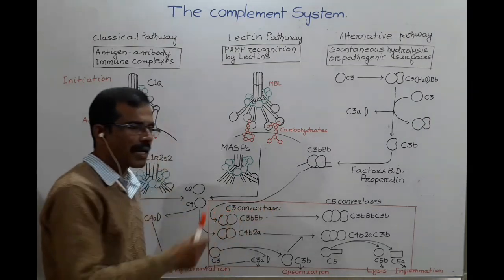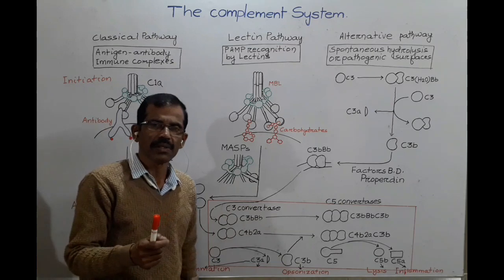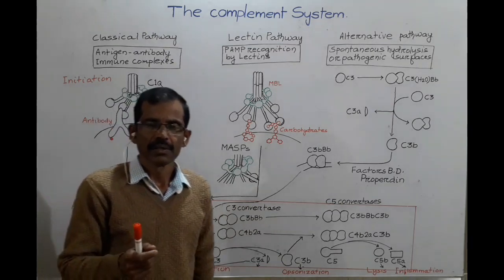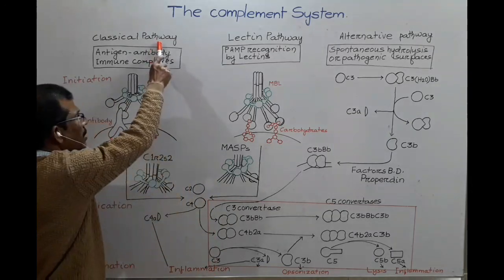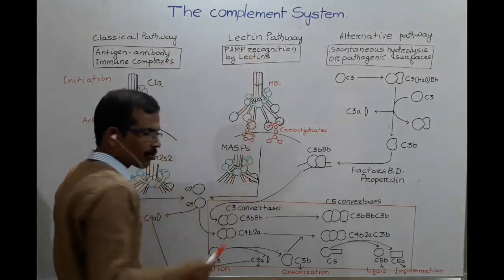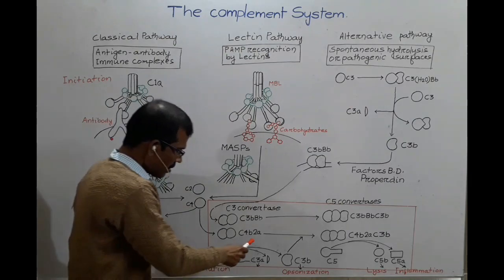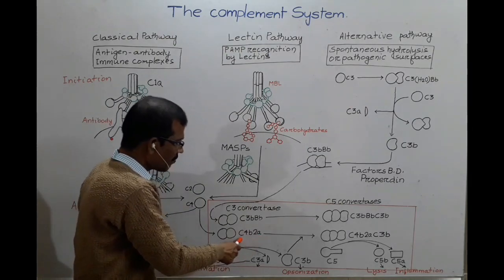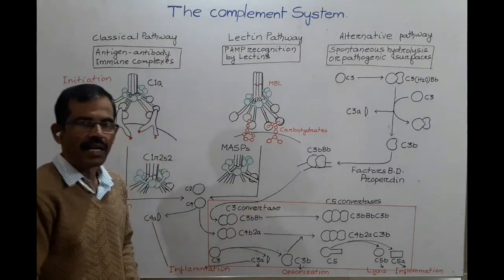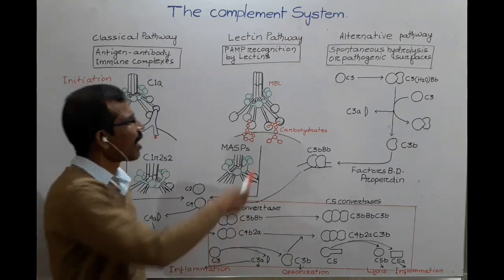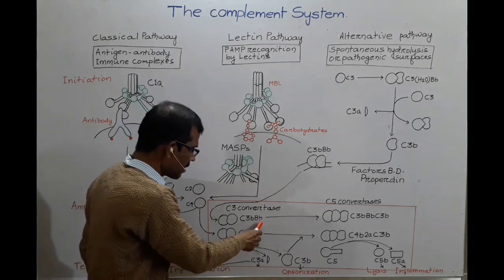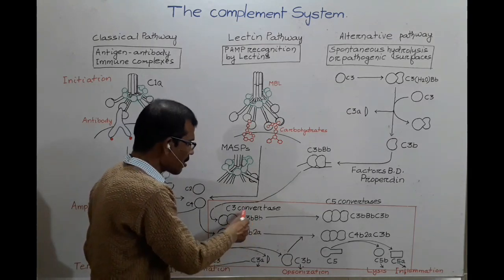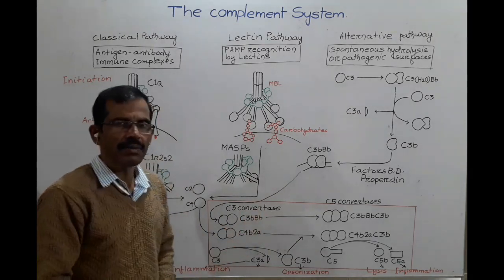This enzyme cleaves C3 molecules into two fragments, C3a and C3b. Classical pathway and lectin pathway use the dimer C4b2a for C3 convertase activity, whereas the alternative pathway uses another complex, that is C3bBb, for C3 convertase activity.